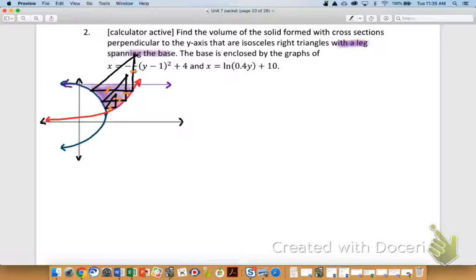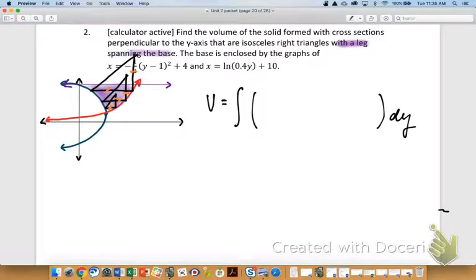The cross sections are triangles, so I'm going to write volume equals integral of something. Would it be a dx or a dy integral? Why? We're perpendicular to the y. Yep, so we're going to use dy's.